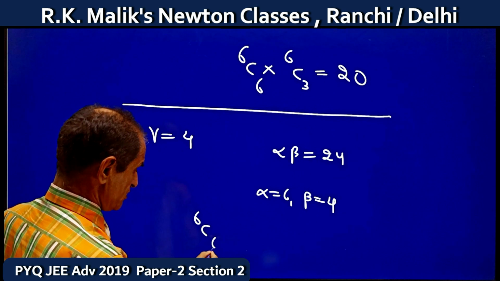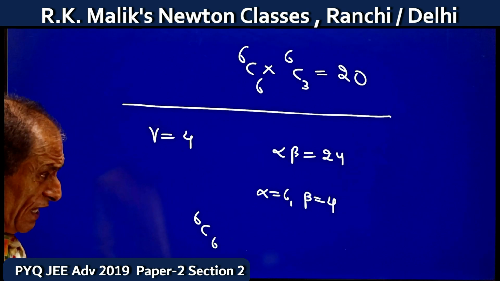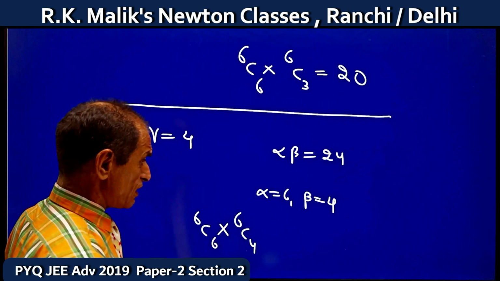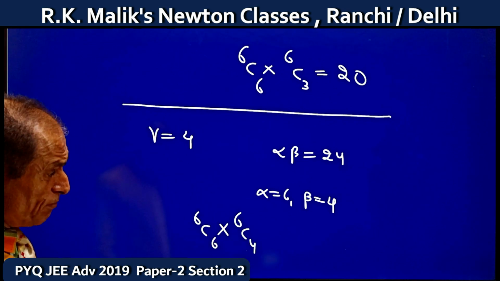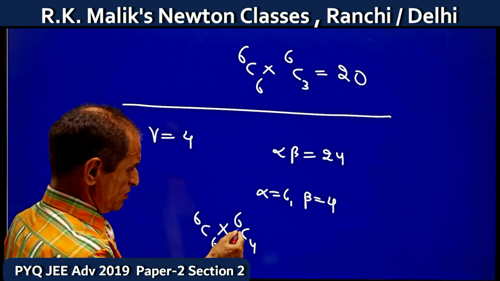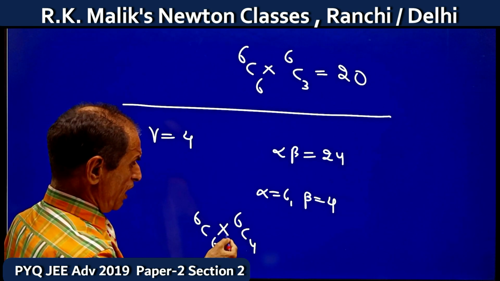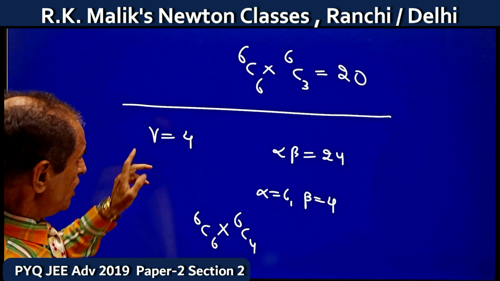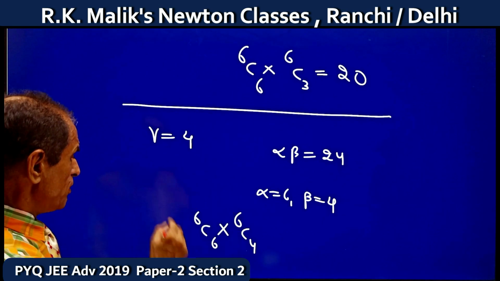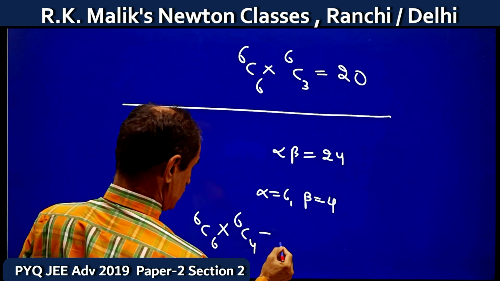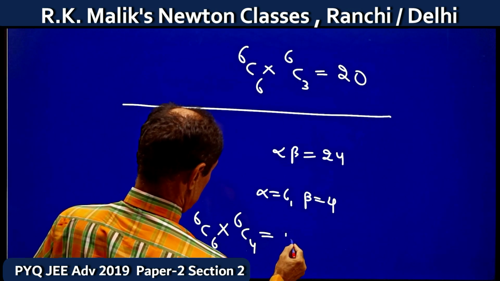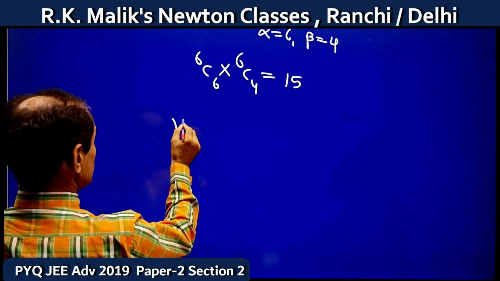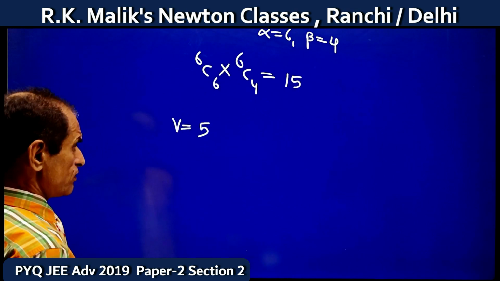Therefore, 6C6 is the number of ways in which the set A can be made, into 6C4, the number of ways in which the set B can be made. These 4 elements are all from the set A, because I want beta also 4, gamma also 4. That is, this is equal to 15.